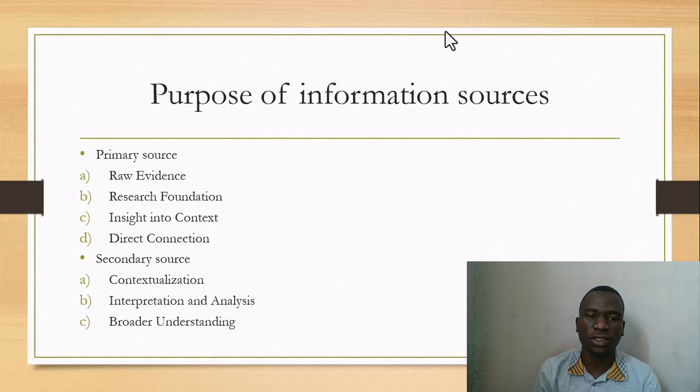Then we have interpretation and analysis. The secondary source helps to interpret and analyze the primary source, more about what happened, what brought it about, and so many other things. Then you have a broad understanding. The secondary source widens the understanding about the particular event that has happened. It helps to understand more about it.